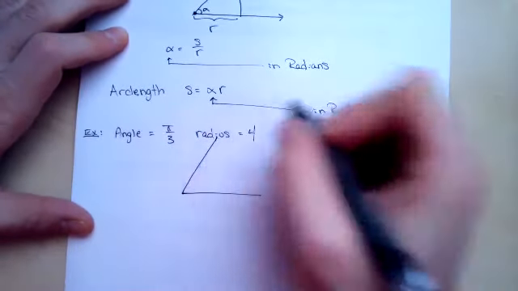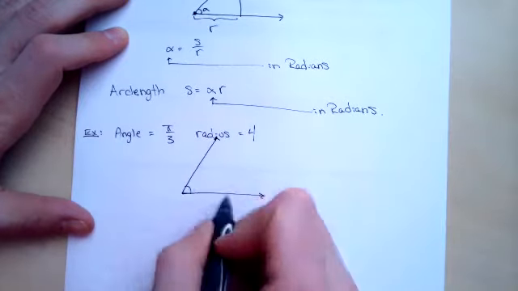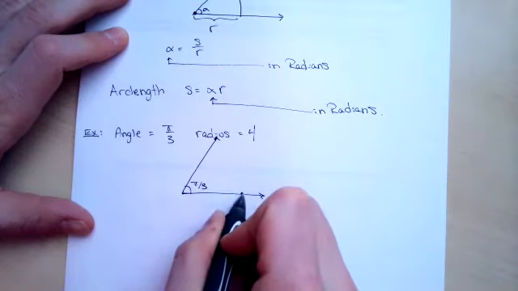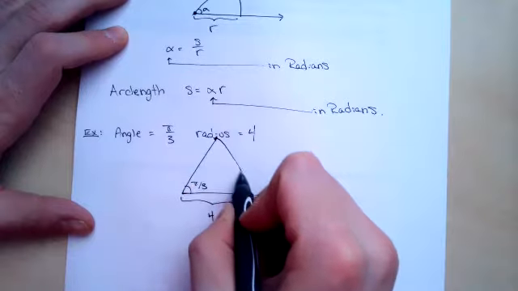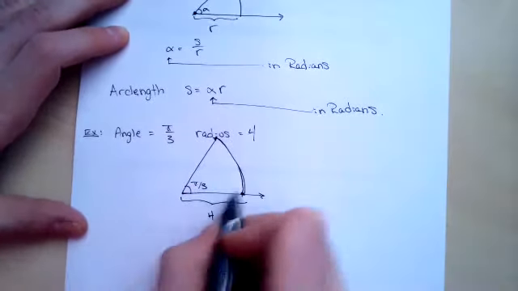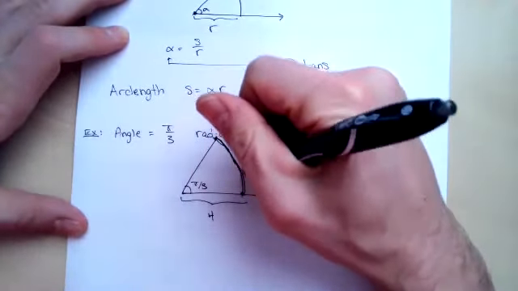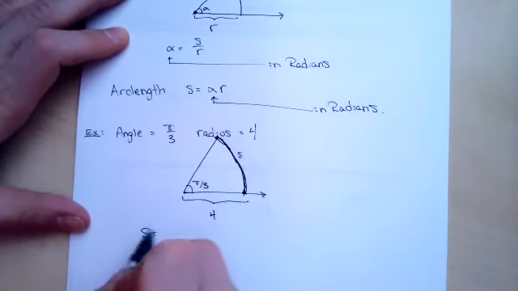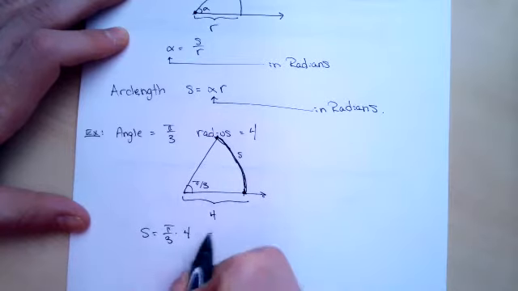So pi over 3, about like that, 60 degrees, and our radius, 4 here. Then the arc length of this curve, we just multiply those two. So pi over 3 times 4, and that's going to equal 4 pi over 3.